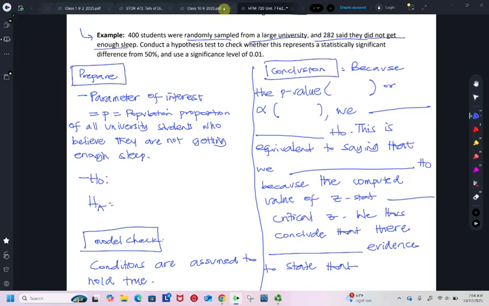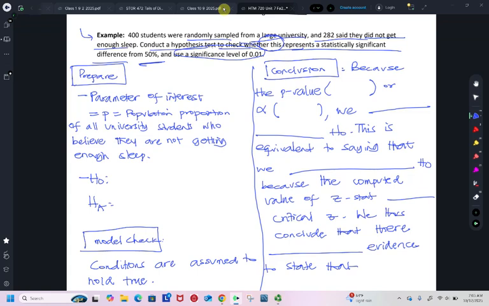We are to conduct a hypothesis test to check whether this data represents a statistically significant difference from 50%. We're required to use a significance level of 0.01. A gentle reminder too that if the significance level is not explicitly provided in a question, please use 5%.